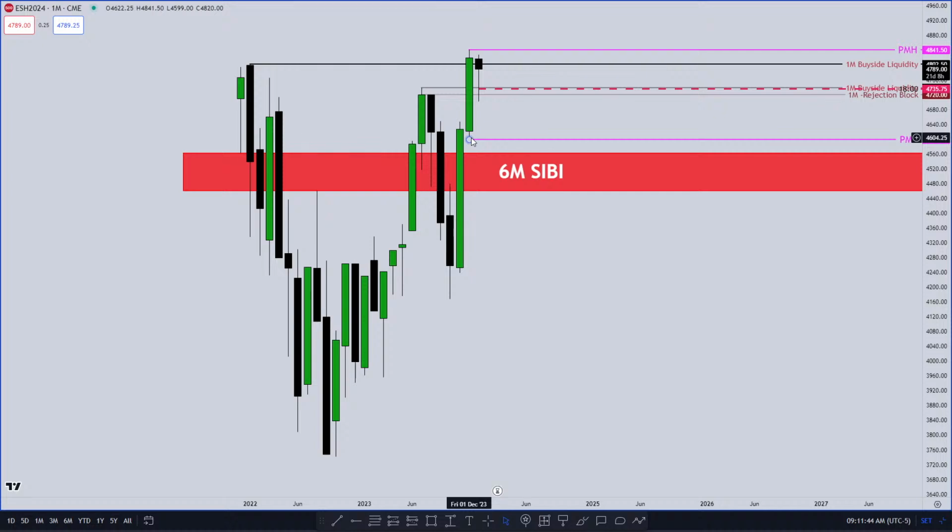I don't think that we're gonna expand into the previous month's high anytime this week. I can't say for next week, but having that belief or that analysis leaves me a lot of room to negate any bullish ideas, especially because dollar is risk off.